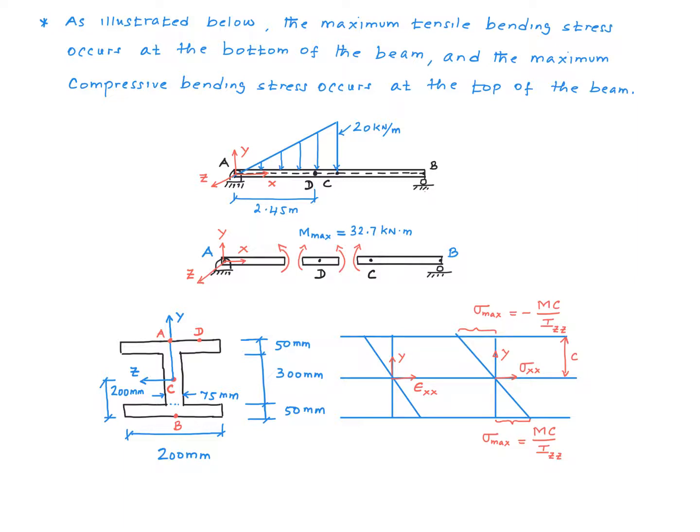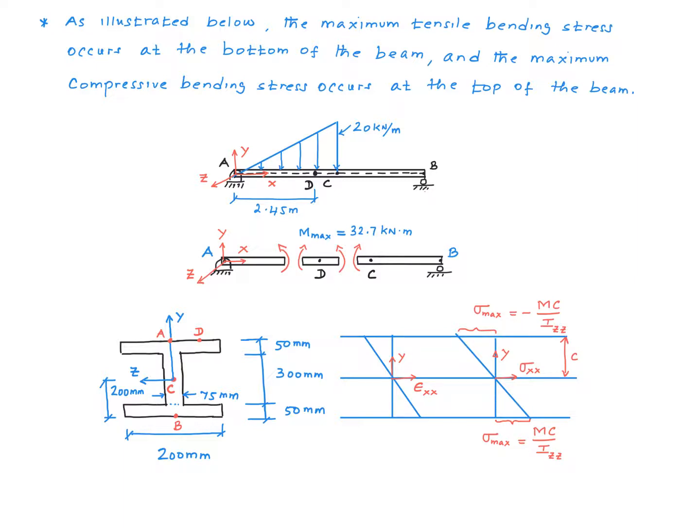Taking tensile stress as positive, the maximum compressive stress then will be minus Mc over Izz, where M is the bending moment on this cross section, and of course we're going to be using M max for that. c is this distance, which for this I-beam would be half the depth of the cross section. Izz is the second moment of inertia about the z-axis. The tensile stress, which occurs over here, has the same magnitude, but it has a positive sign.